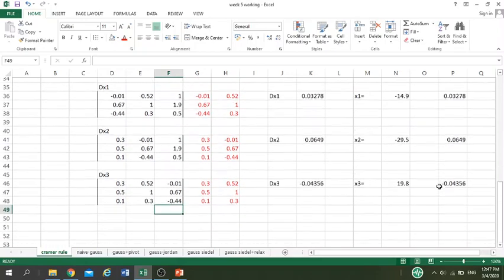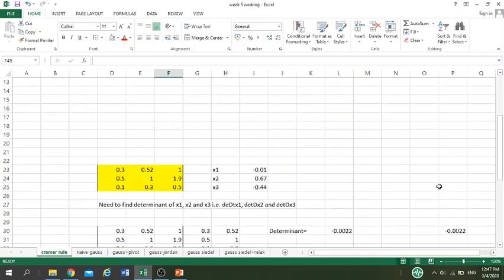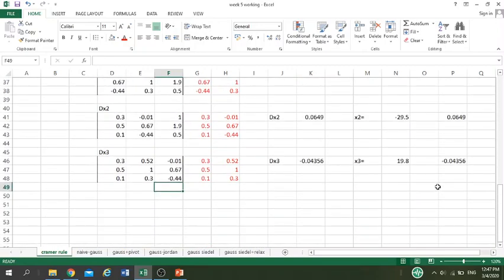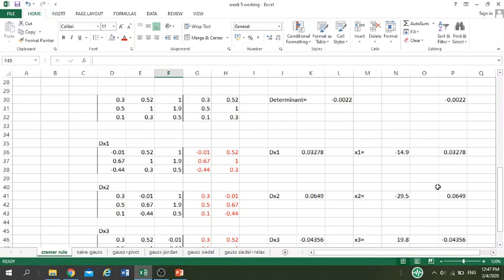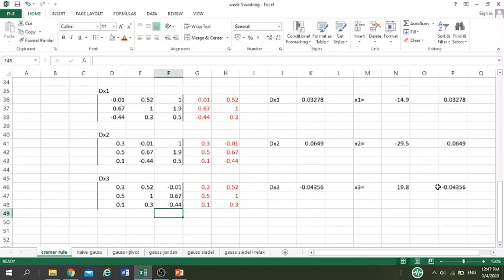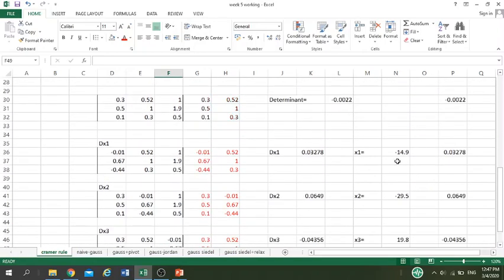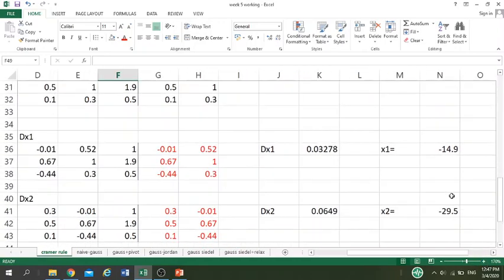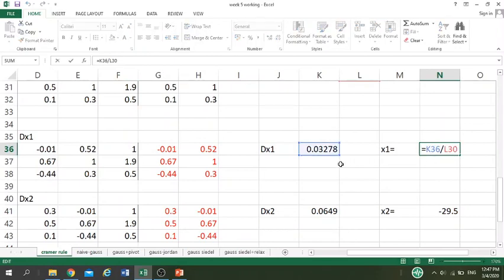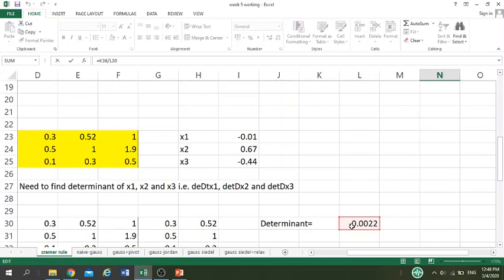And finally, to find the values of x1, x2, and x3, let's go back to x1. We simply divide the determinant of x1, which is 0.03278, over the determinant of the original matrix that we calculated earlier on, minus 0.0022.